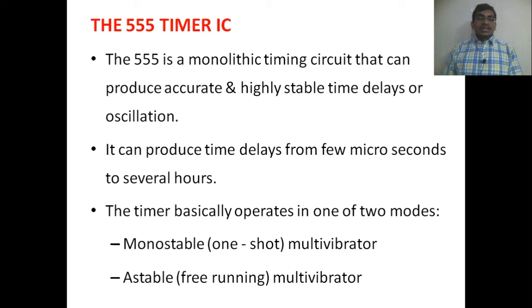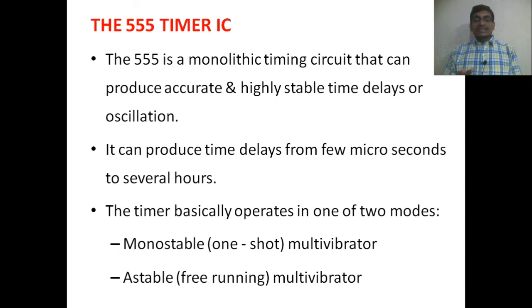So what is this timer IC? It is an IC used to produce time delays. These time delays are very useful in many circuits, like in traffic lights. After a certain time the green light automatically changes to red, and the red light on the other side changes to green. This happens by using the 555 timer ICs.